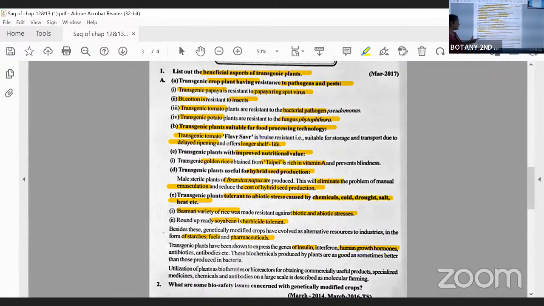So like this, we can make antibiotics and antibodies also, and transgenic plants are very helpful for human welfare. This is what we have to write in the beneficial aspects of transgenic plants. Okay, so with this, we have finished the 12th and 13th chapters completely for the SAQs.